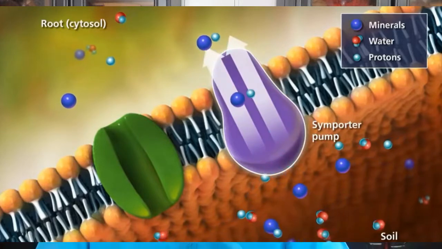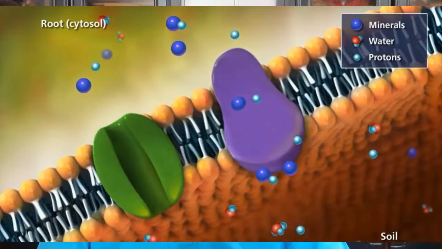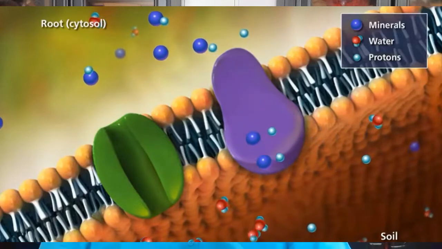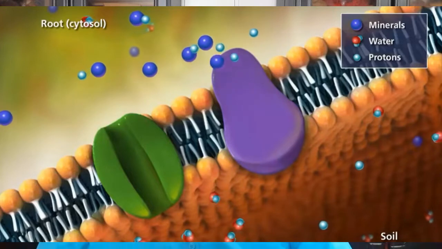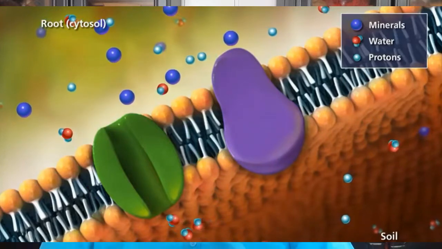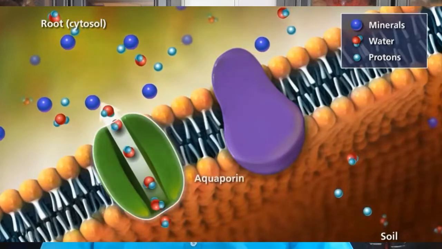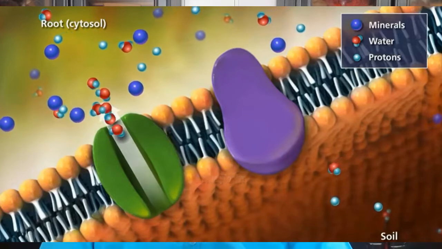The aquaporins are intrinsic proteins present in the plasma membrane of all kinds of cells from bacteria to human beings, and they regulate the passage of many molecules including water, ions, etc. So aquaporins are present on the surface of guard cells also.